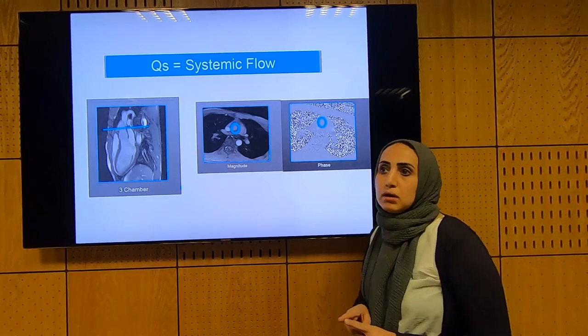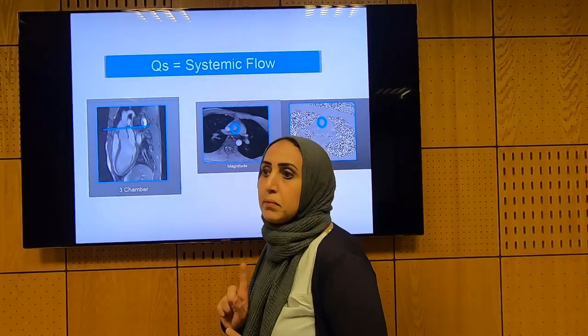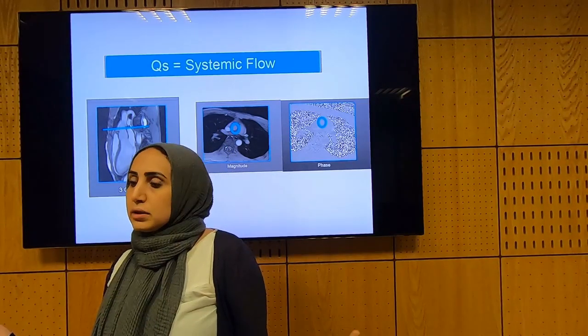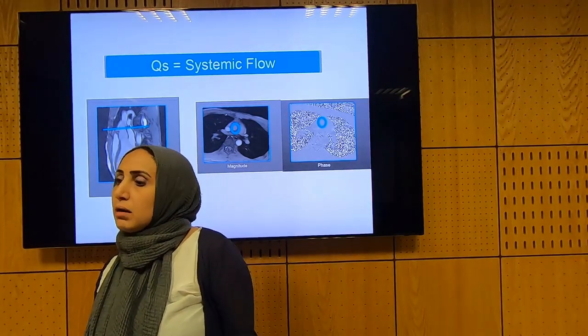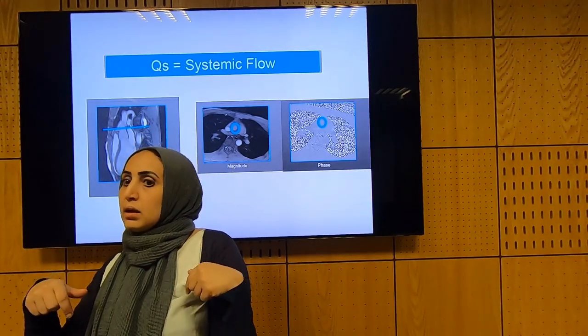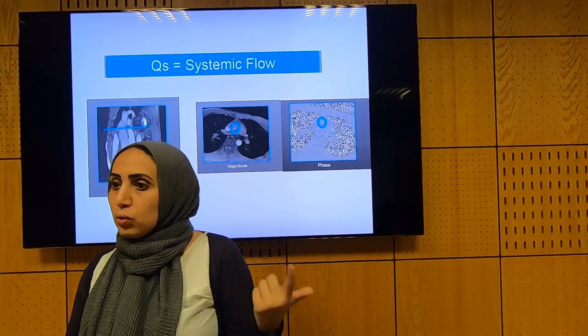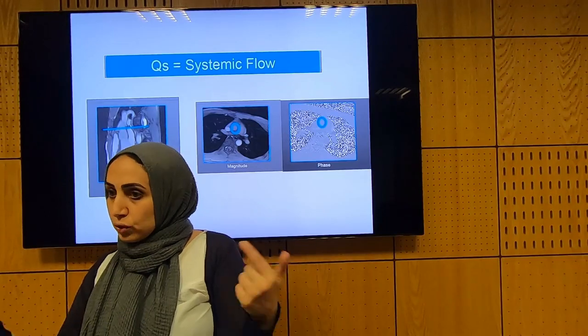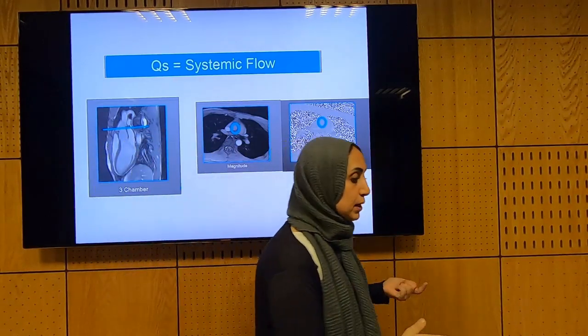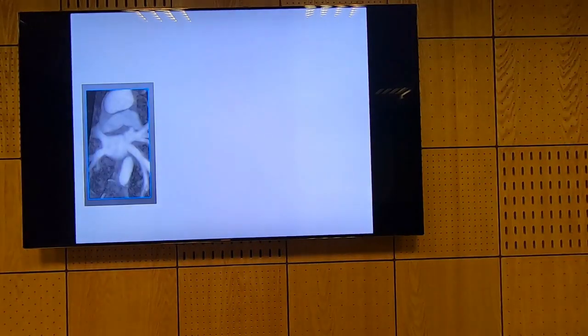So if the blood goes through the pulmonary artery to the lung and returns from the lung via the pulmonary veins to the left atrium, the pulmonary artery flow should be equal to the pulmonary venous flow. So sometimes we have to measure the pulmonary veins separately.